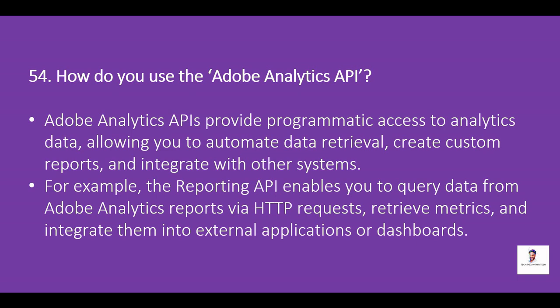For example, the reporting API enables you to query data from Adobe Analytics reports via HTTP requests, retrieve metrics, and integrate them into external applications or dashboards. So we have those HTTP APIs available. We can use them for any CRUD operation and we can get the data. And then on the basis of our business requirement, we can create a nice dashboard, maybe in another BI tool, Power BI, so we can use them.